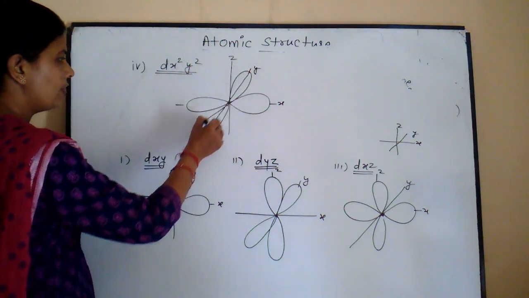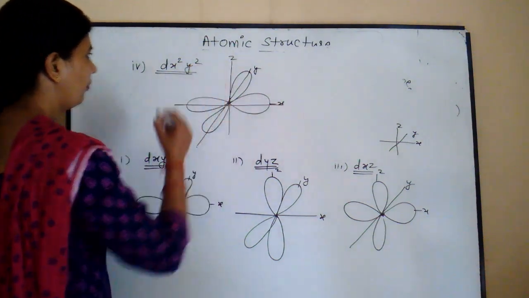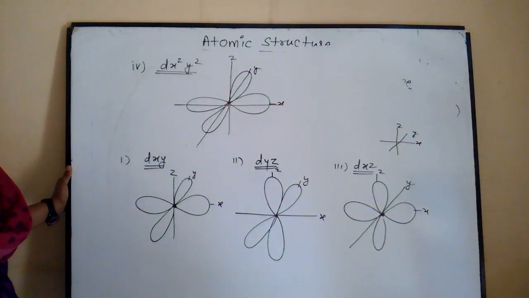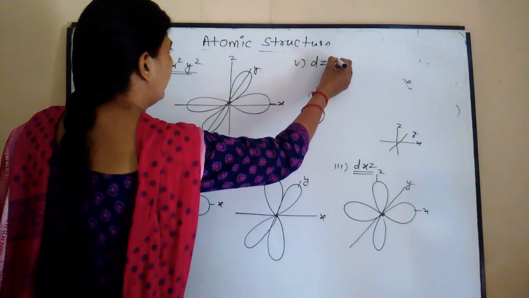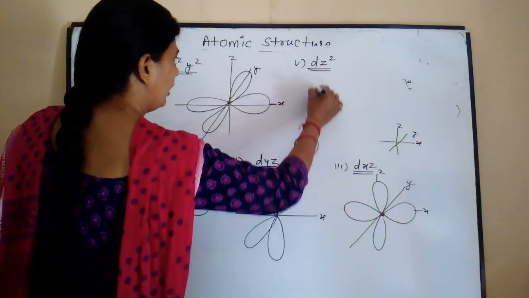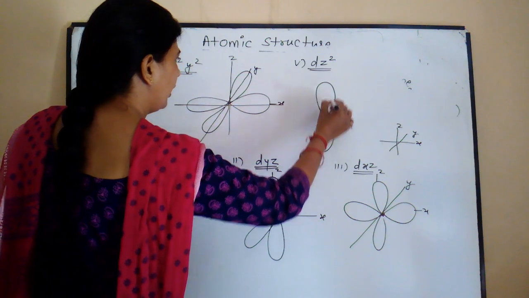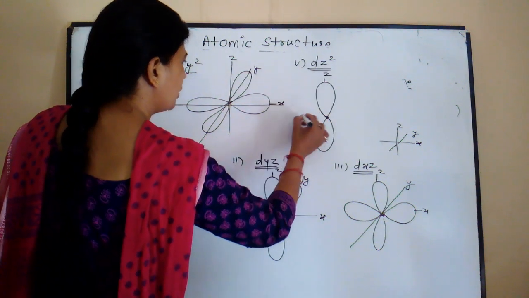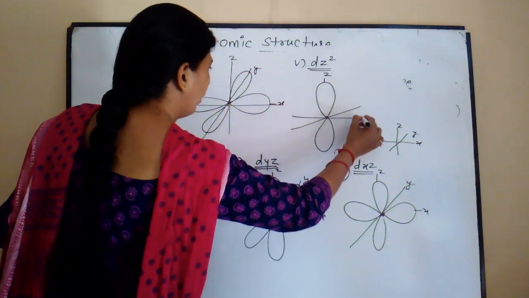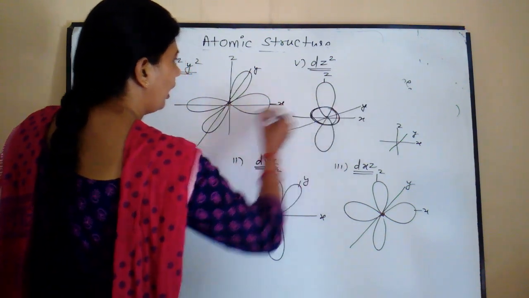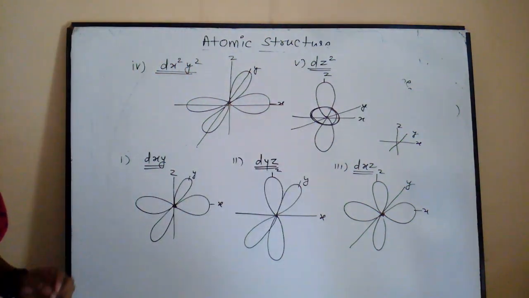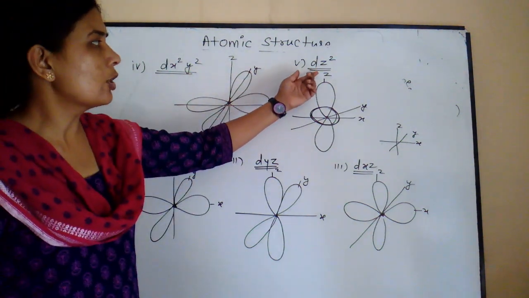So we bisect this way, we show the square. So it is dx square y square. And fifth is dz square. One d orbital present in z direction and another in the form of a ring around the node. So this is called dz square.